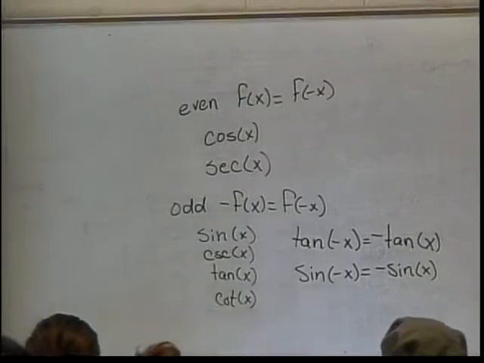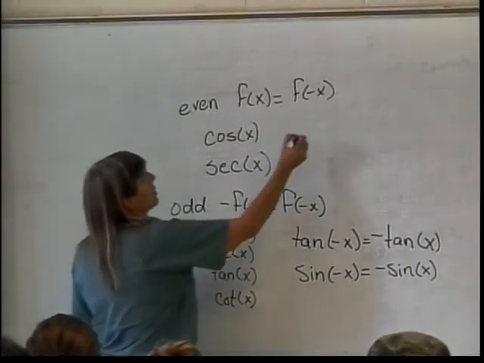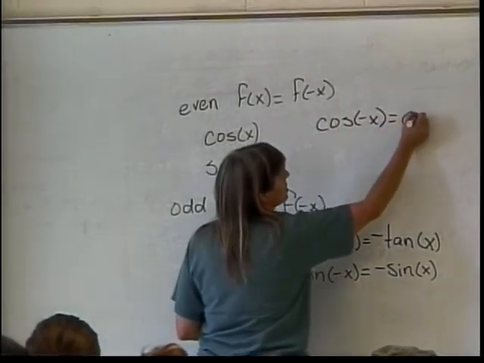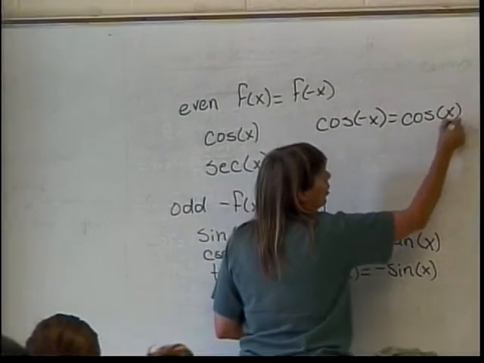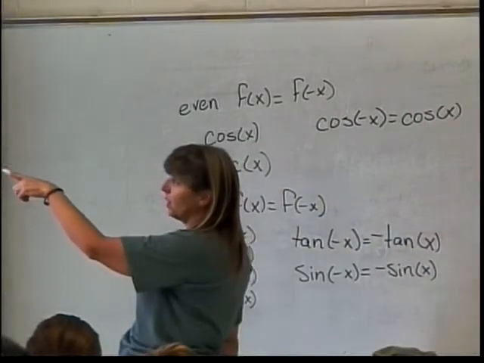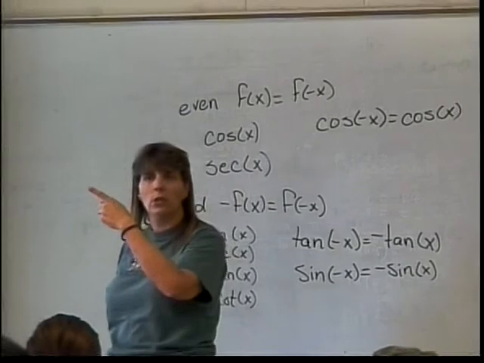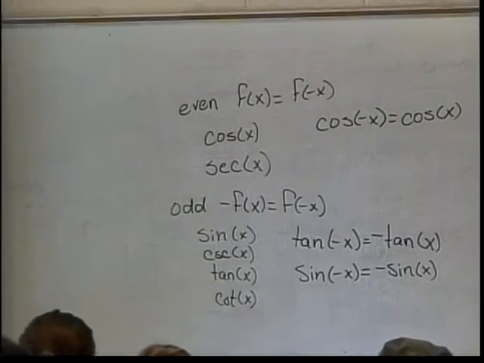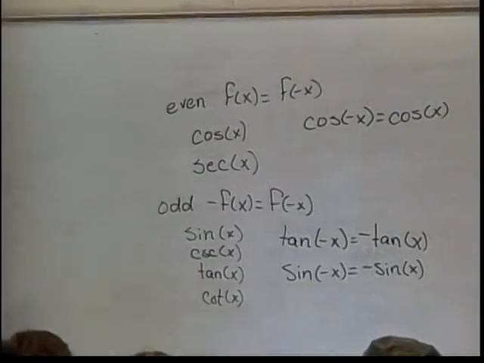Now on our cosine, cosine was what kind of function? Even. So that means cosine of negative x is the same thing as the cosine of x, and we were told that the cosine of x was just 0.2, so that means this one will be just 0.2. So those three have to do with even and oddness.